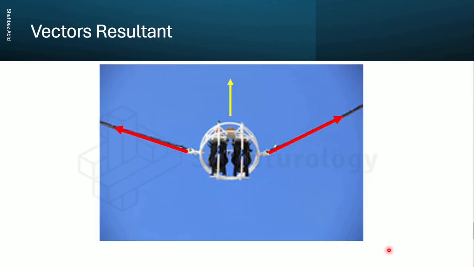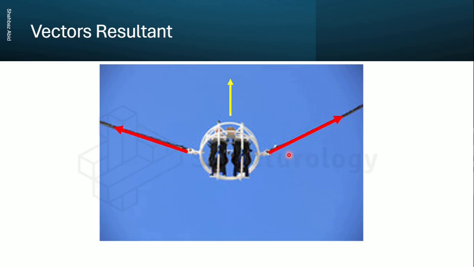To understand the concept of resultant, let us see this figure in which we have a reverse bungee. The reverse bungee has a capsule in the middle in which a person sits, and it has two elastic ropes on the left and on the right.